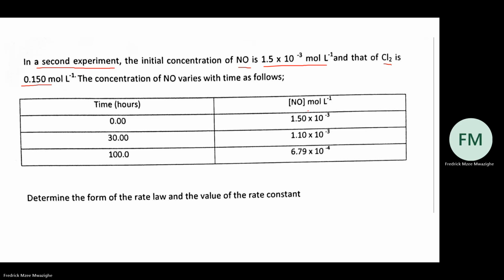So here when you compare the two concentrations, you notice that that of chlorine is much higher compared to that of NO. So it is in excess, and therefore it is considered to remain constant, and the concentration that is monitored now is that of NO. The change in the concentration is monitored with time. So this one will help us determine the order of the reaction with respect to NO.